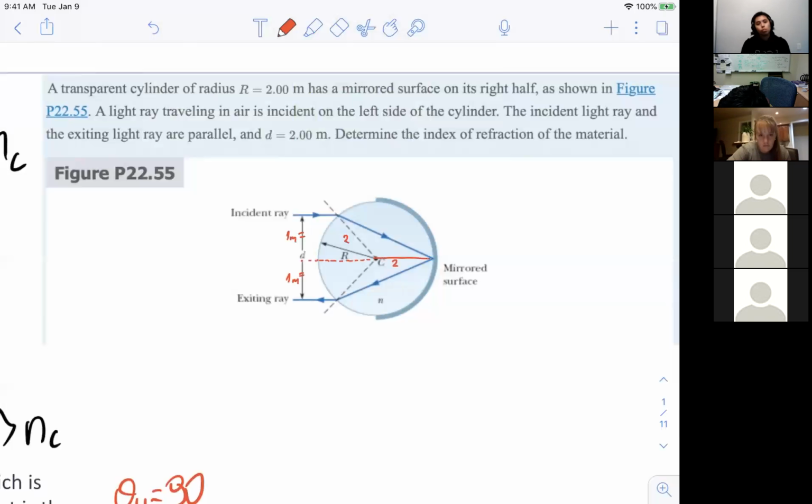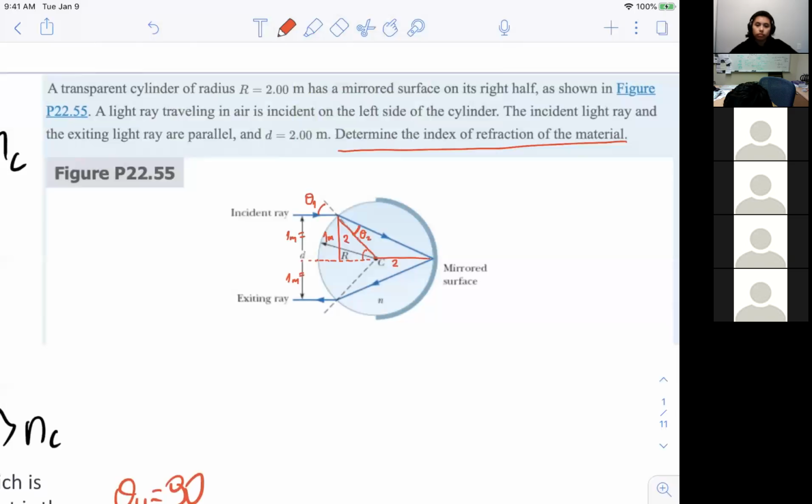Then to determine the index of refraction, I need to find this angle and this angle, right? Theta 1 and theta 2. Then I can use Snell's law to find the refractive index of the medium, or glass. What you see here is this distance is 1 meter, and this is the 2 meter radius.